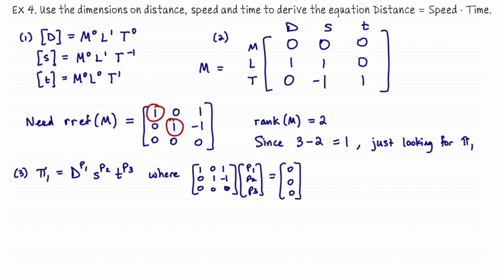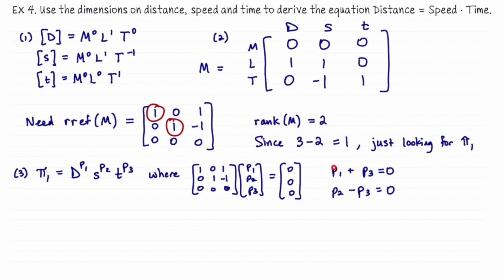This is going to give us a system of equations for the unknowns P1, P2, and P3. So if I do my first product, I get 1P1 plus 0P2 plus 1P3 equals 0. If I do my second row with the column, I'm going to get 0P1 plus 1P2 minus 1P3 equals 0. And then the third row doesn't give us anything, that's just 0 equals 0.